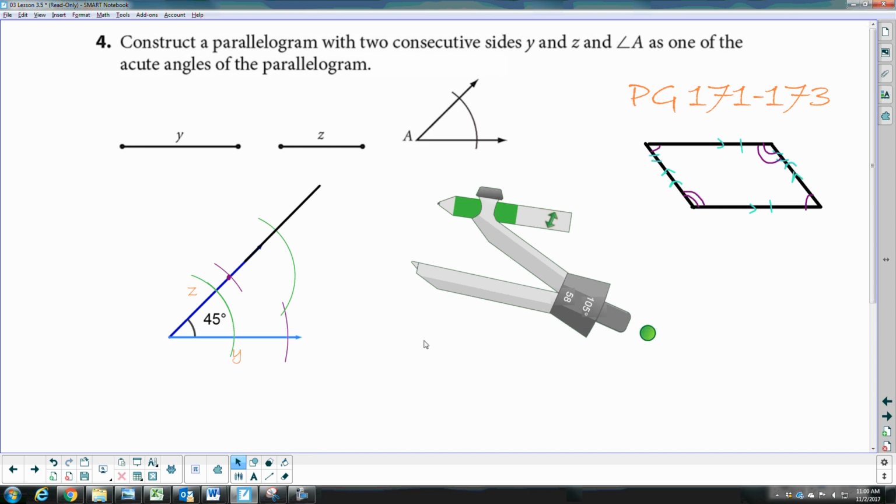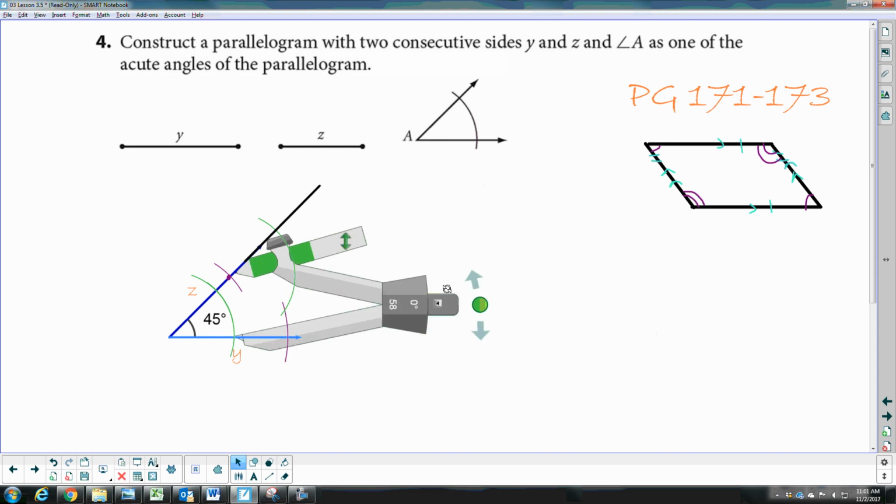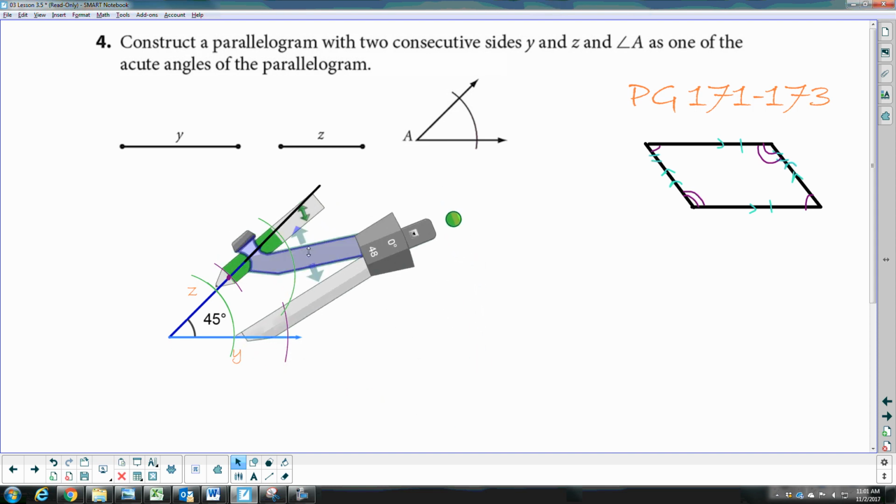All right, so now I've got my arc through my transversal. Now I need to actually figure out how big this angle is. I know it's 45 degrees, but I'm not going to use my protractor.